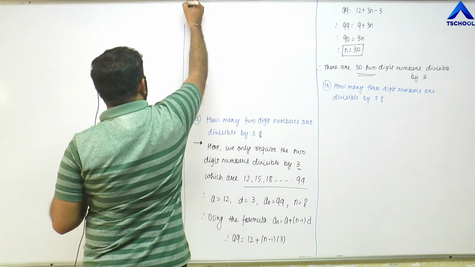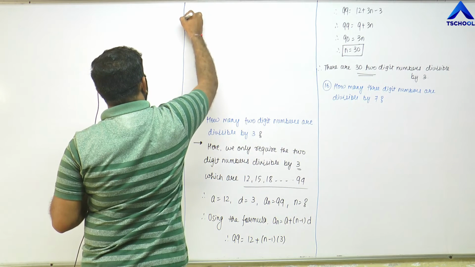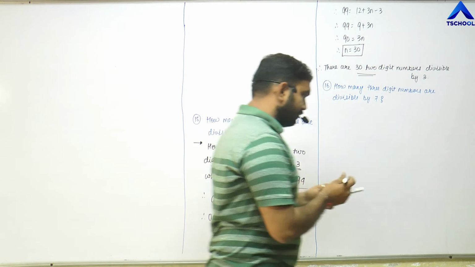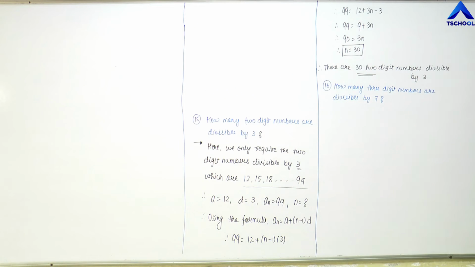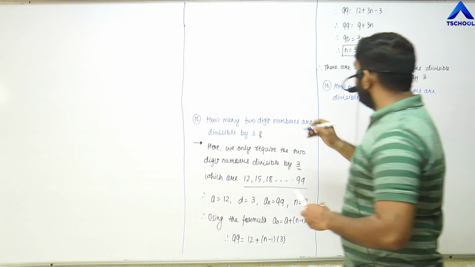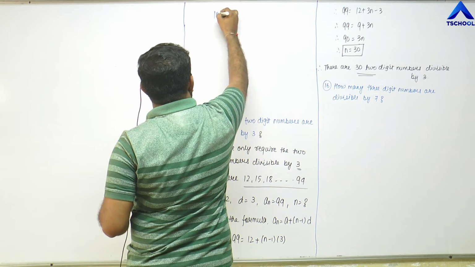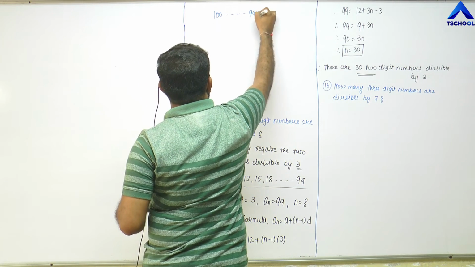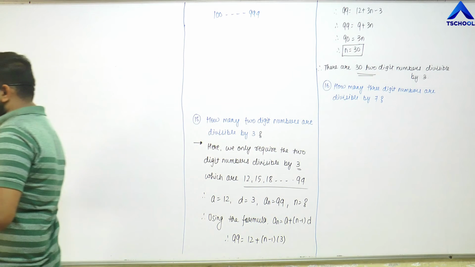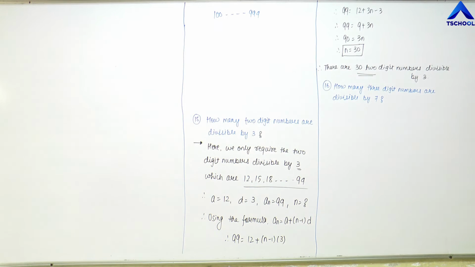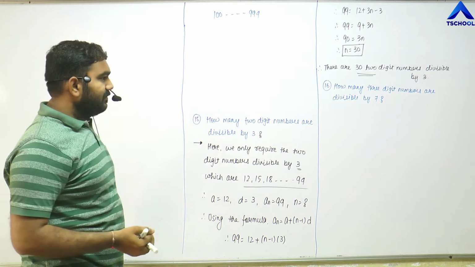The list of those three-digit numbers that are available to us is starting from 100 to 999. Is it clear? But we don't know which of these numbers are divisible by 7.